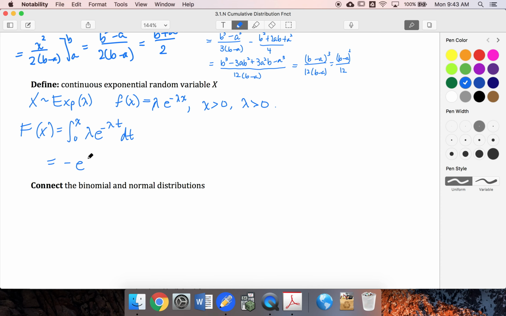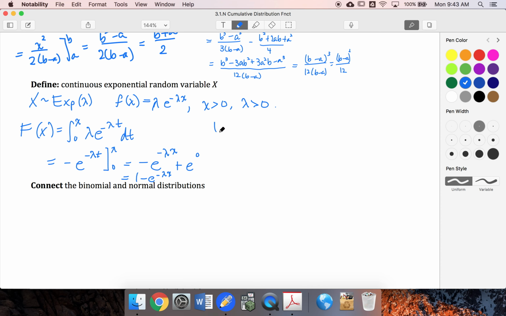I'll have negative e to the negative lambda t evaluated from 0 to x. When I plug in the 0, I get negative e to the 0, which is negative 1. When I plug in the x, we'll have negative e to the negative lambda x minus negative, so that'll be plus e to the 0, which of course is 1. So we get 1 minus e to the negative lambda x.